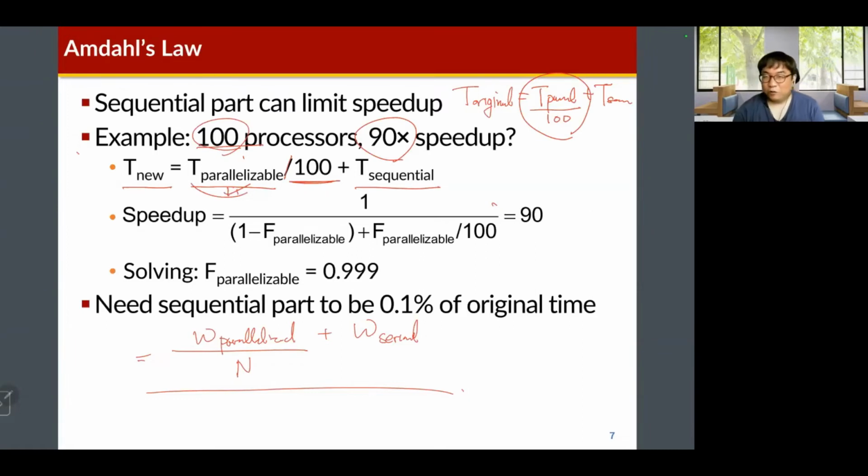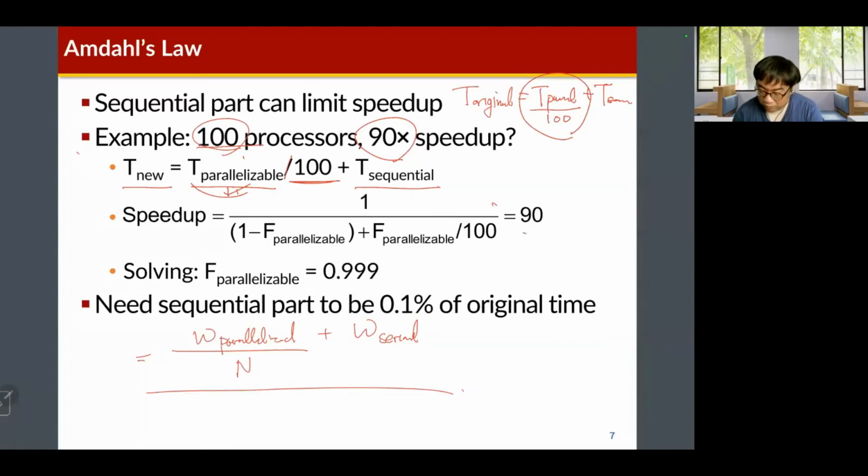You may think that there are 100 processors, and we want 90 times speed up, so we can easily reach it, because we think the performance is proportional to the number of cores, right?